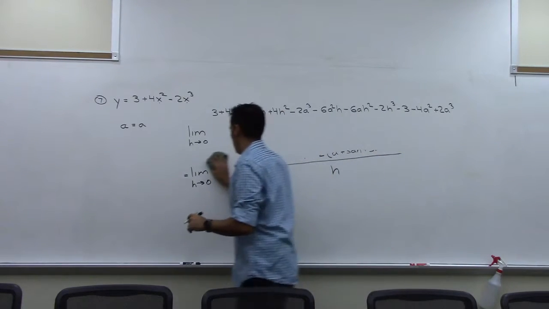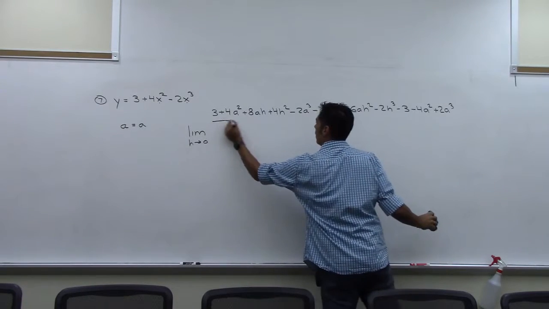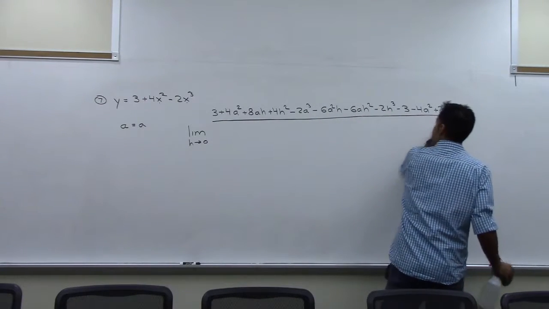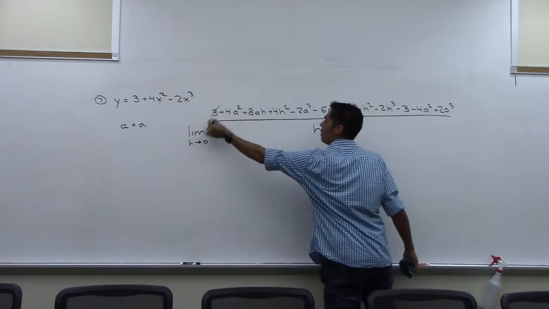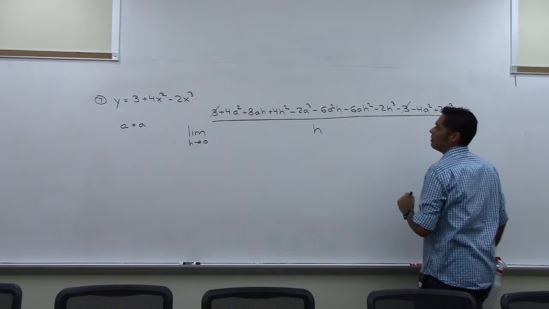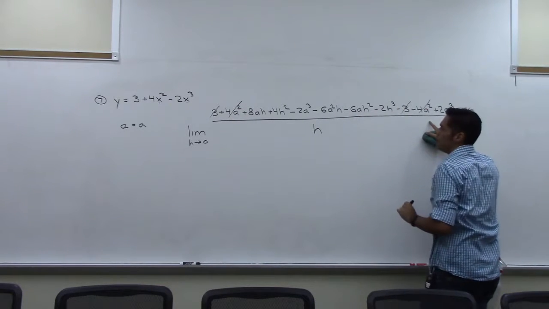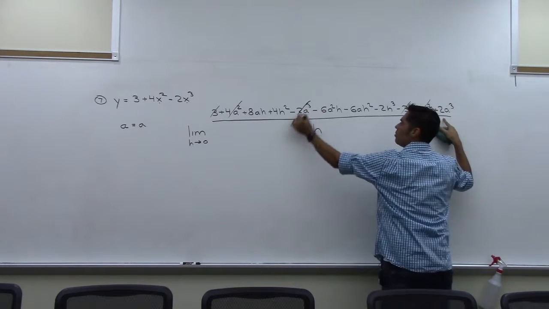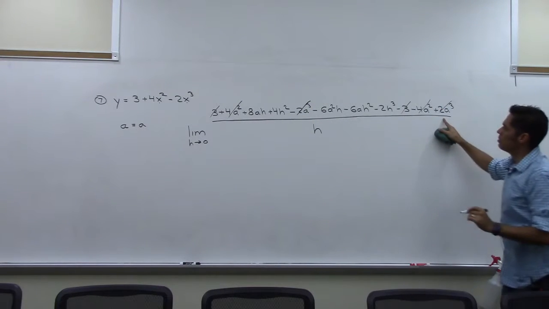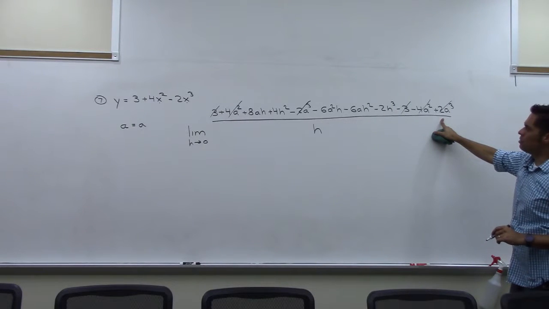And I am hoping that the h will cancel. Well, I'm counting on it actually. So a lot of things are going to have to cancel. Let's see, 3 and 3 are gone. 4a squared and 4a squared are gone. Negative 2a cubed and 2a cubed. And everything else in here has an h.